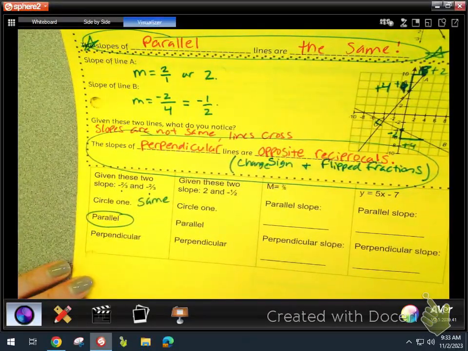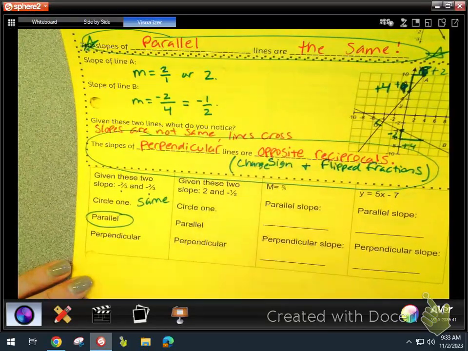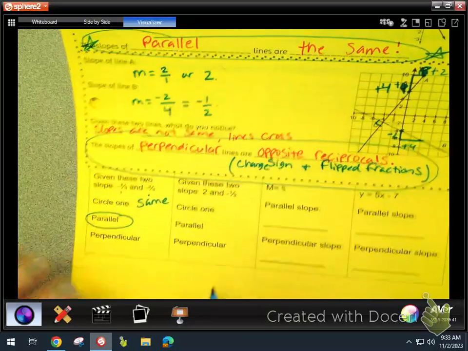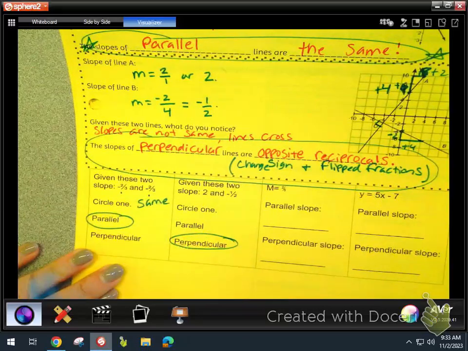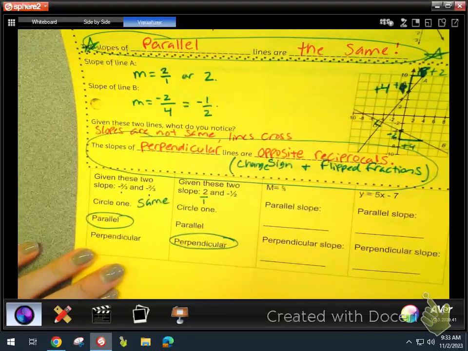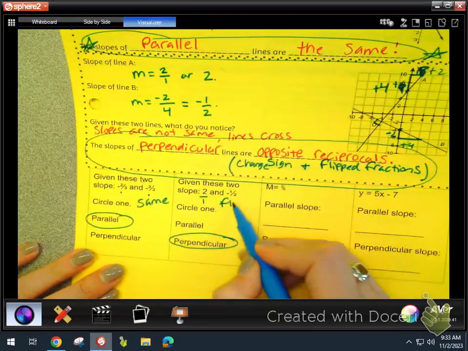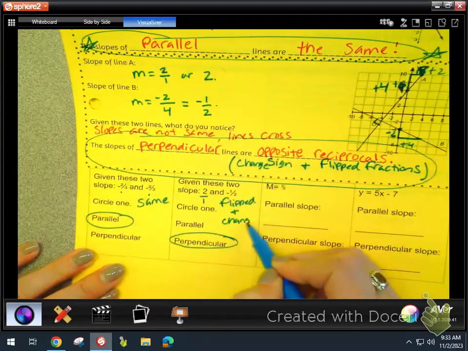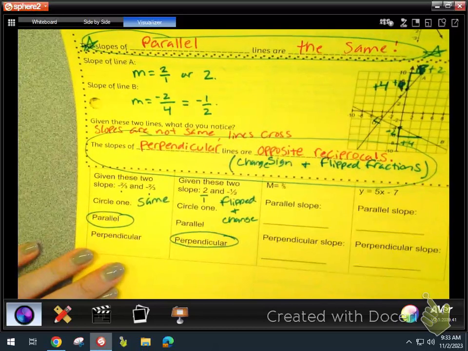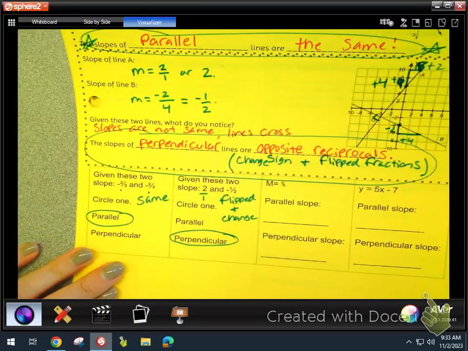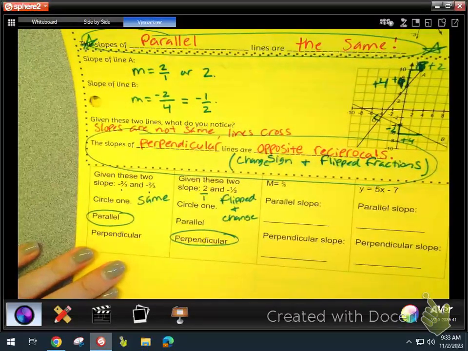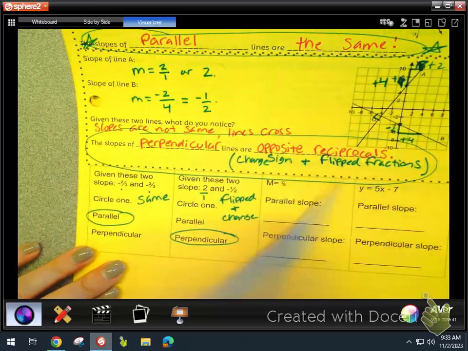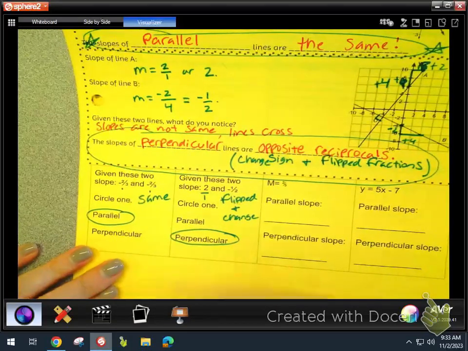What about a slope of 2 and a slope of negative 1 over 2? They're flipped and they're changed. Opposite reciprocals. Reciprocals that are opposite signs. However you want to say it. Again, that's just a lot of words.